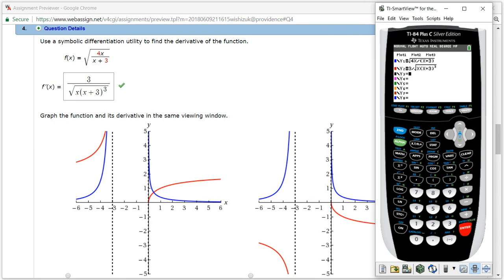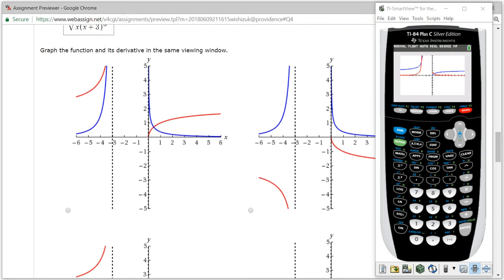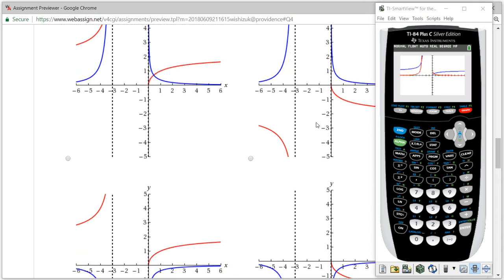Let's look at the picture. I'm going to hit graph. It's drawing the picture there. It looks like the colors are kind of backward, but you can see that the first one looks pretty good, and the second one does not look very close at all.